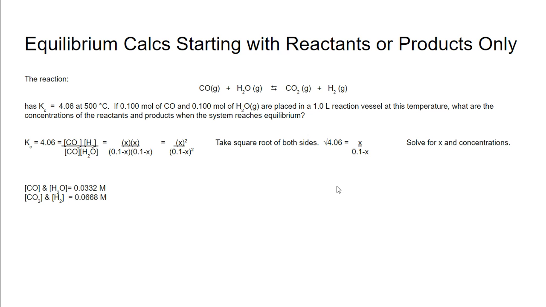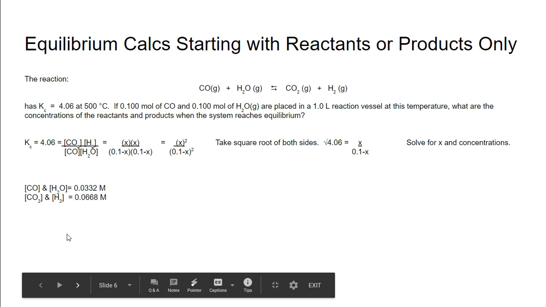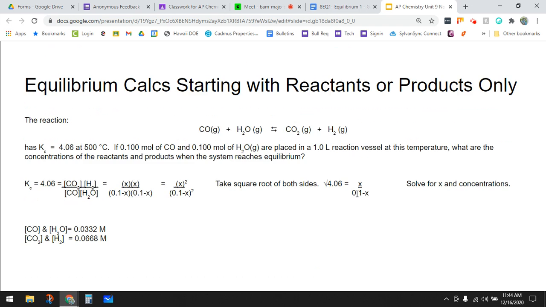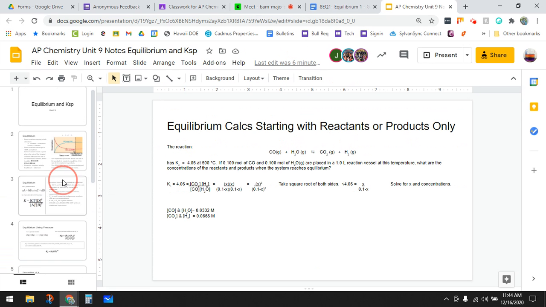Then we use a RICE table to figure out how much it shifts, and how much reactants and products we have in the end. But for today, it's just really keeping it simple, trying to get you to see the basics of it.